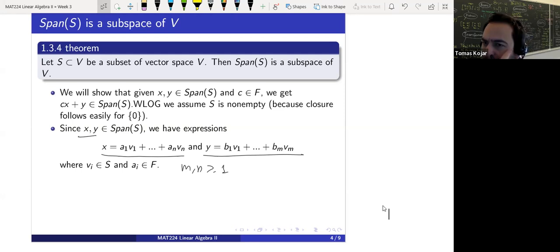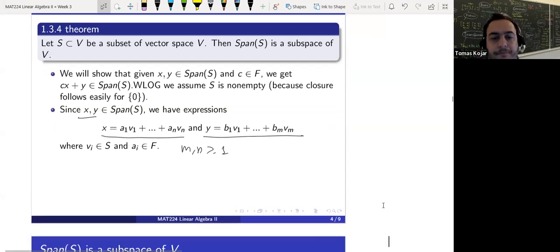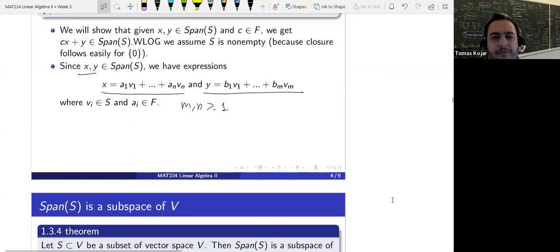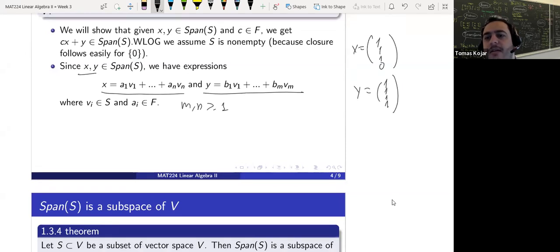Why are X and Y not composed of vectors up to Xn? They don't have to be. I wanted to do it in a more general case just to get you going. For example, suppose X is (1, 1, 1, 0) and Y is (1, 1, 1, 1).